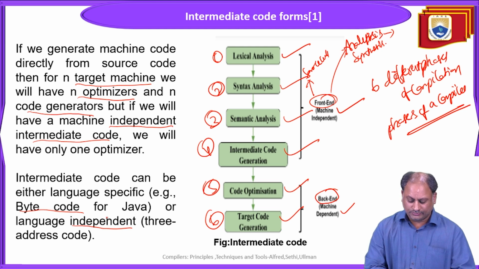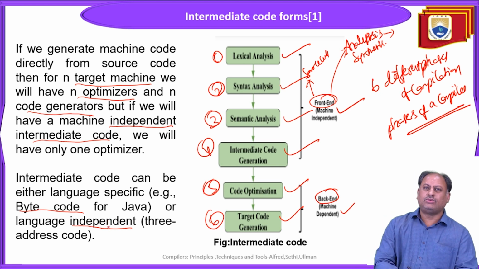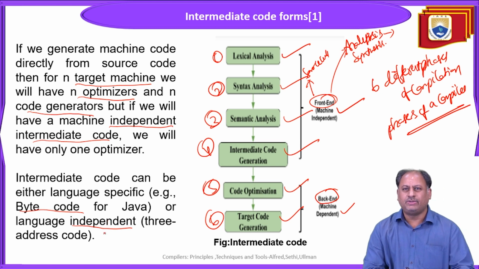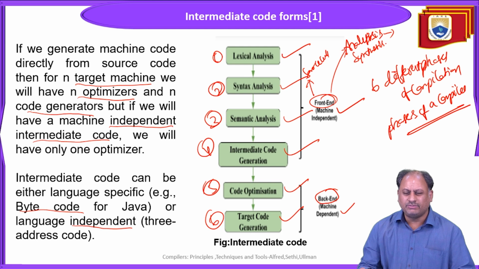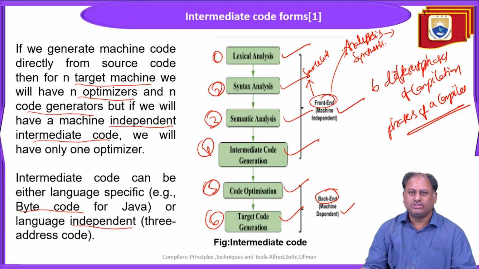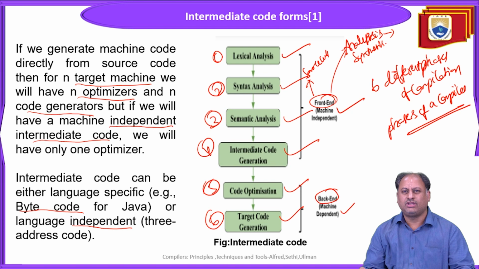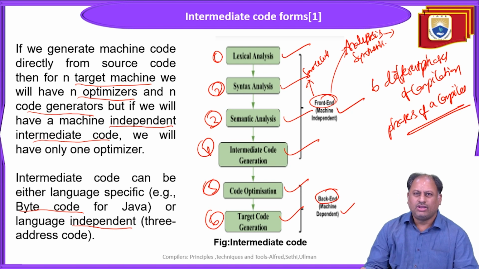So here, intermediate code is developed with machine independent features in the analysis part, and the same code is transferred to the backend, which develops the machine dependent code. This intermediate code has a lot of advantages. Why?